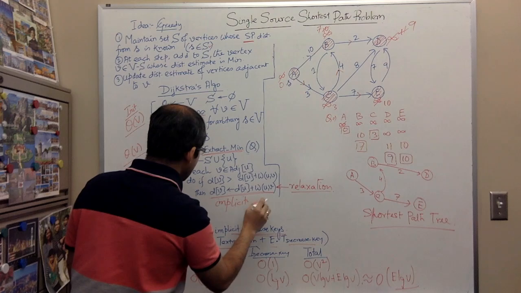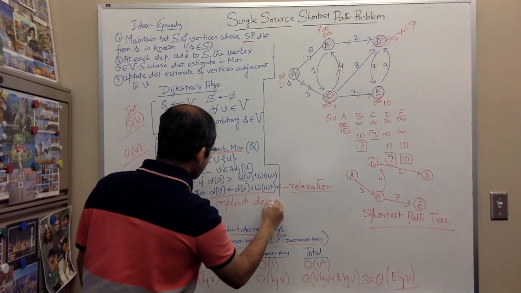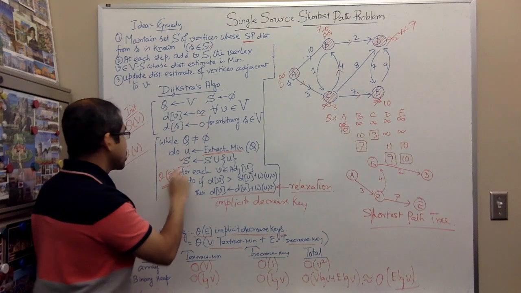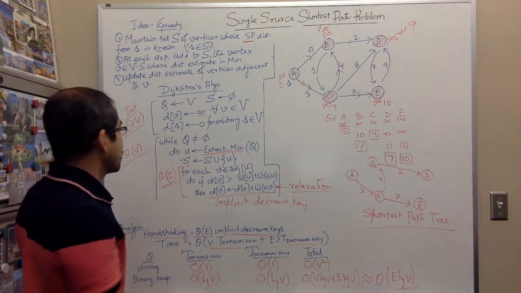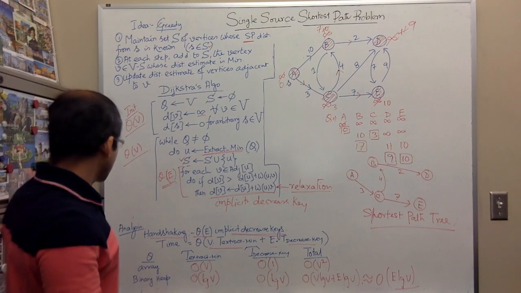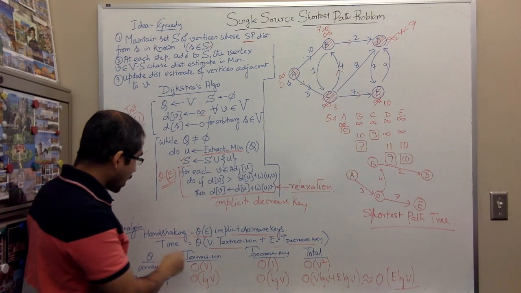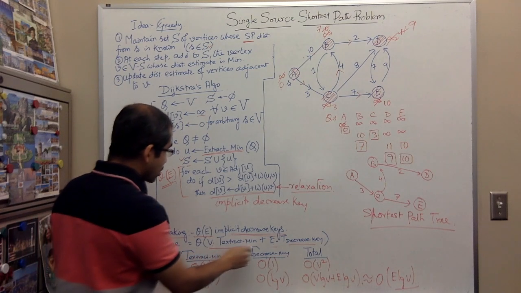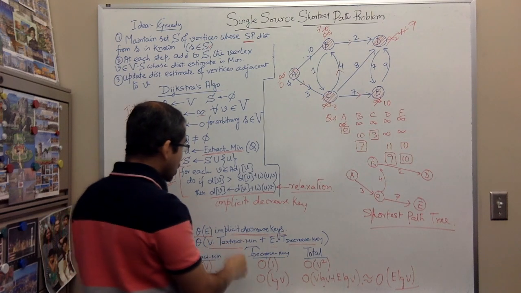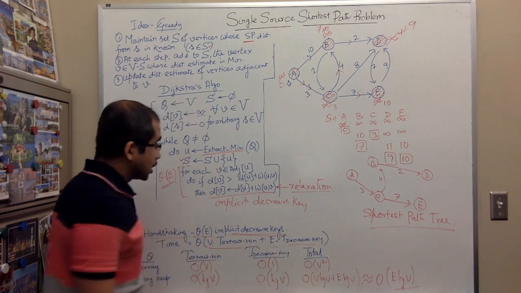So this operation is being done for theta E times, which is like the degree of the vertex v that belongs to the adjacency list of u. So now you see the total time is theta of V times T extract min plus E times T decrease key.